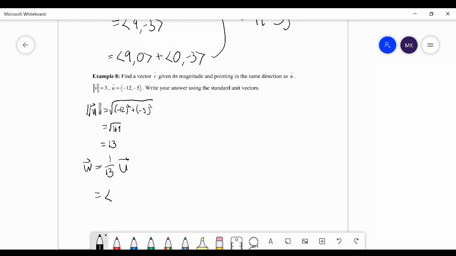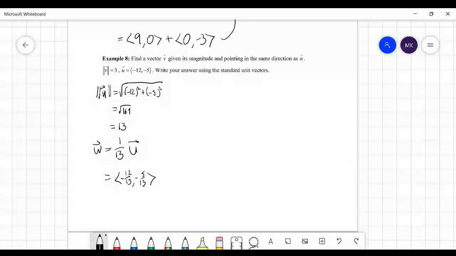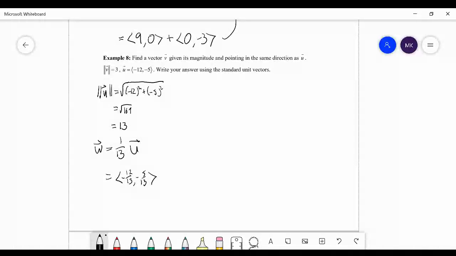So that means it is simply negative 12 13ths, negative 5 13ths. So that means w is the unit vector that is going in the same direction as the vector u.